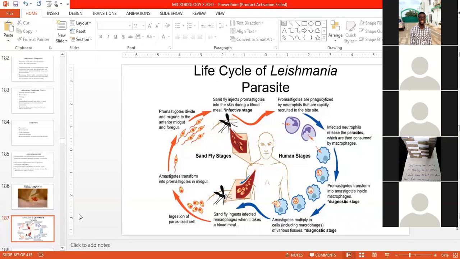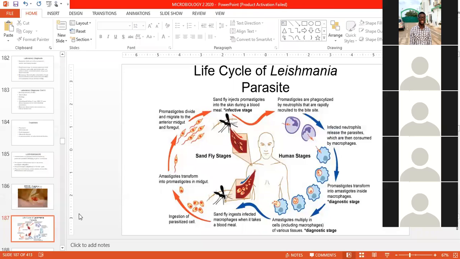Please, I don't think I can ask you to draw a diagram like this. No, not necessarily to draw, but to explain. I said I can't ask you to go and draw human beings, sandfly and all these things, but I can ask you to explain.